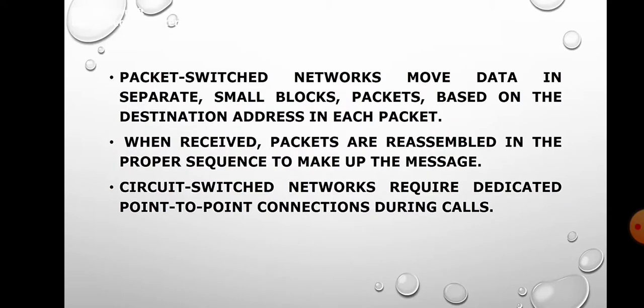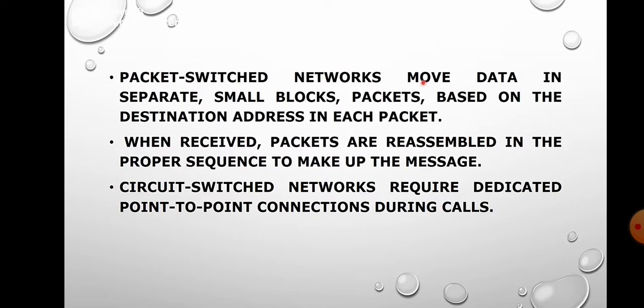In the case of a circuit switch network, the network requires a dedicated point-to-point connection while transmitting the data. But in the case of a packet switch network, it doesn't require any dedicated path or point-to-point connection between the sender and the receiver.